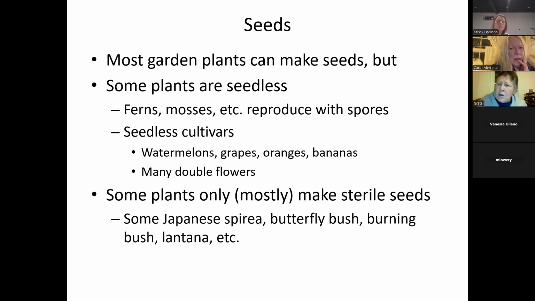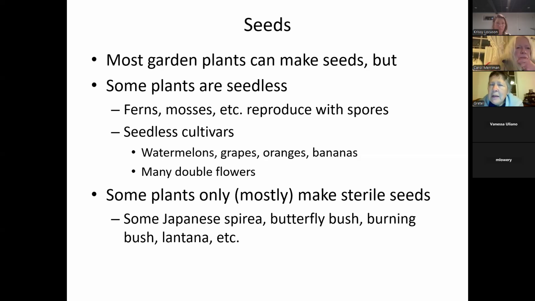So most garden plants can make seeds, but not all of them. Ferns and mosses reproduce with spores, and that's a completely different biology. That chart I showed with the circles looks different with spored plants. There are seedless cultivars like watermelons and grapes.